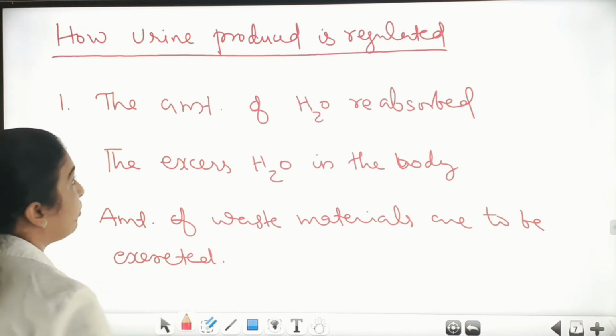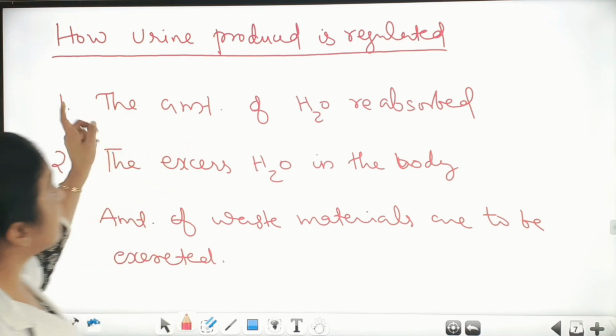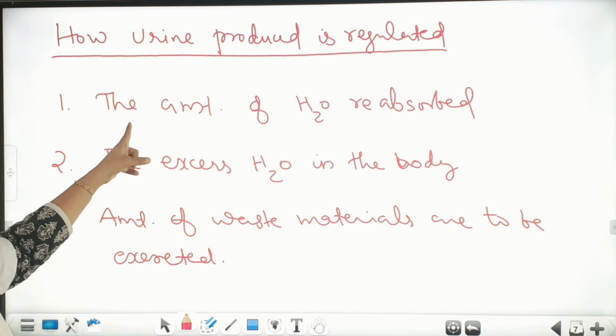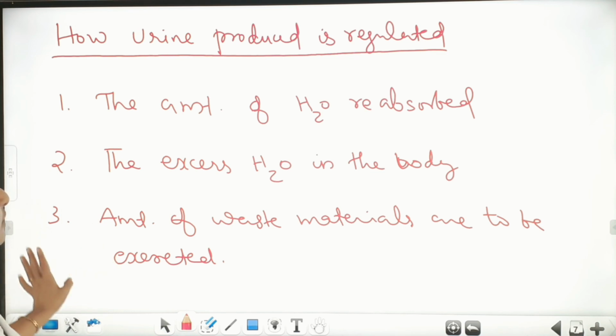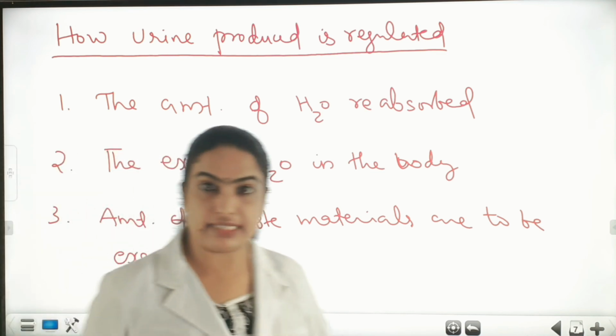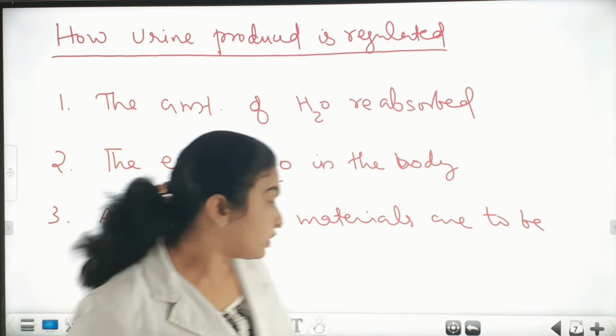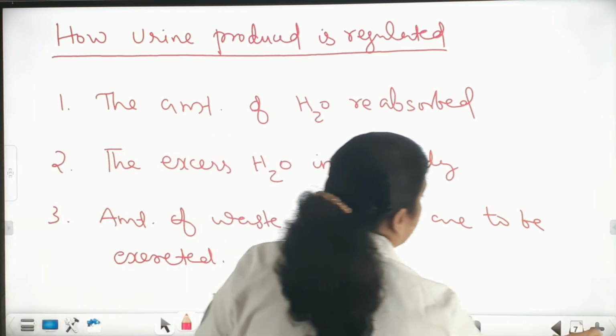So, the amount of urine produced depends on the amount of water reabsorbed, the amount of excess water in the body and the amount of waste materials to be excreted. Is it clear?